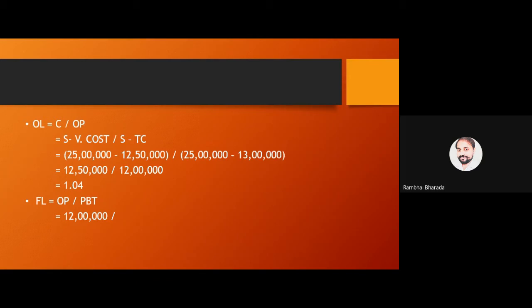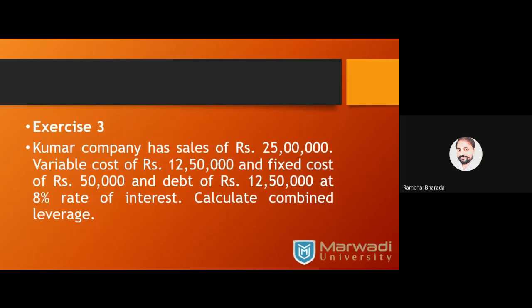See here, the cost of debt is 8% and the amount of debt is 12 lakh 50,000. On debt we need to pay interest, and here interest means 8% of 12 lakh 50,000. Just calculate the 8%: 1 lakh.